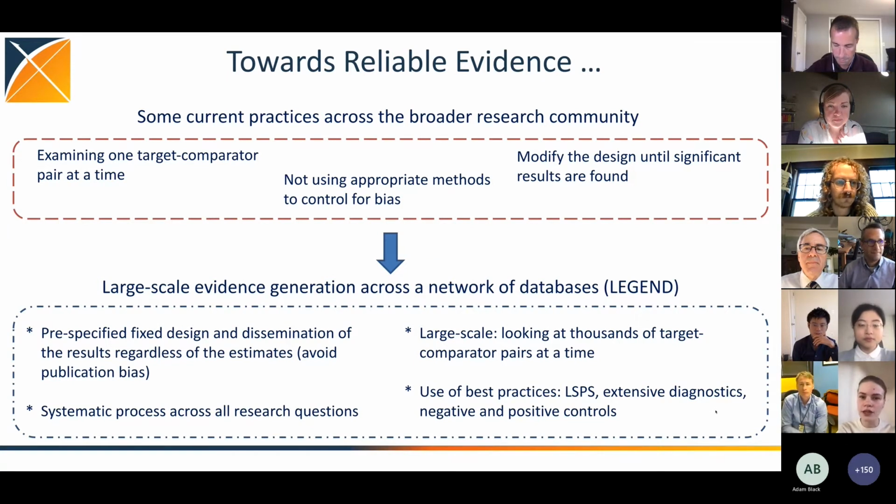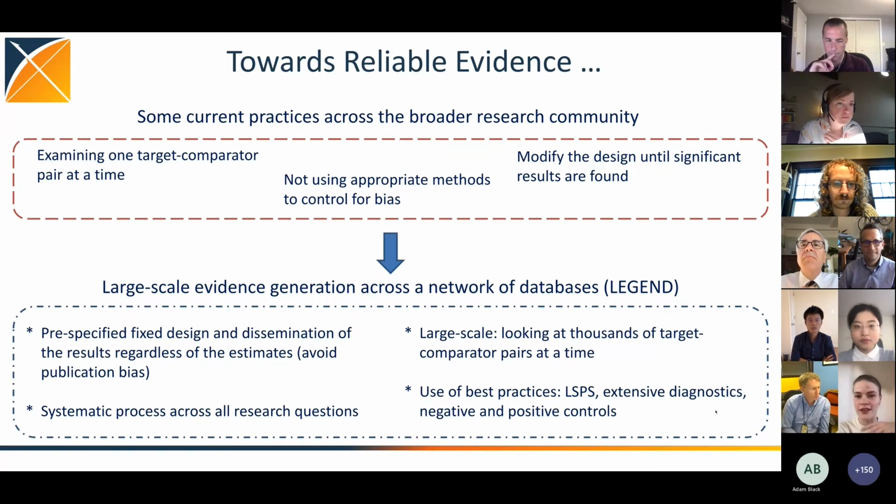When you think about the studies that are out there, researchers would usually pick one question, which means that they would investigate one target and one comparator treatment at a time. They would use whatever research methods they think are appropriate, which oftentimes results in them not really accounting for all of the potential sources of bias.